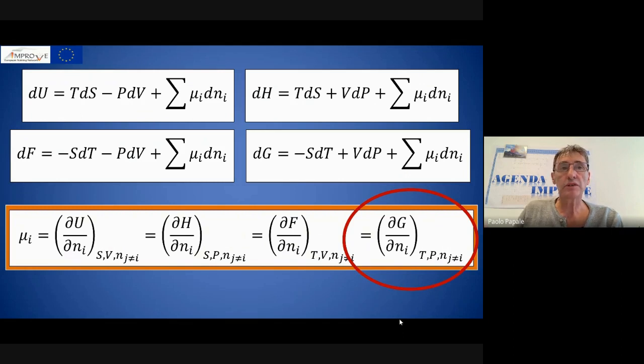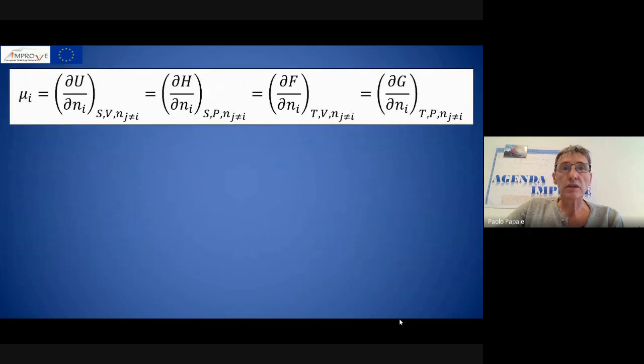But before that, let's see in some more detail the relationship between chemical potential and Gibbs energy. Here, I'm just reporting the different definitions of chemical potential in terms of different forms of energy.